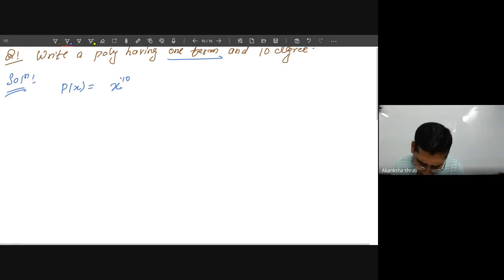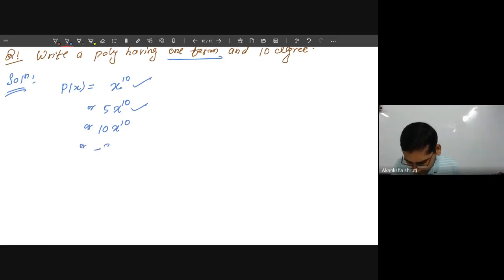Another, you are free to choose the coefficients. Even if you write this, it is also okay. Or you may write, say, 5x to the power 10, it is also okay. Or 10x to the power 10, or minus 3x to the power 10, all are okay.